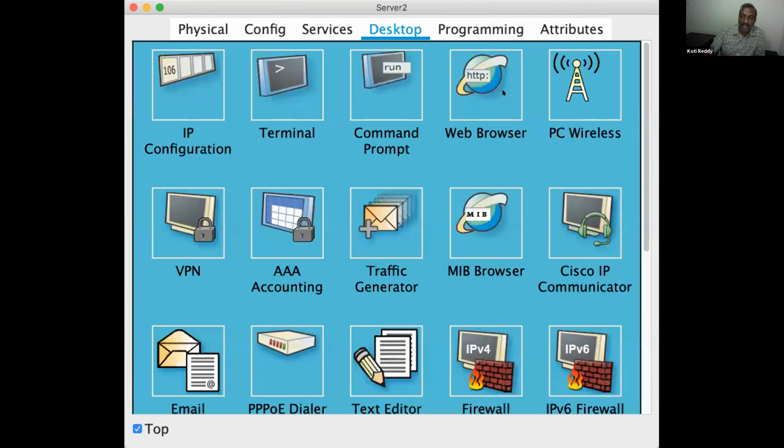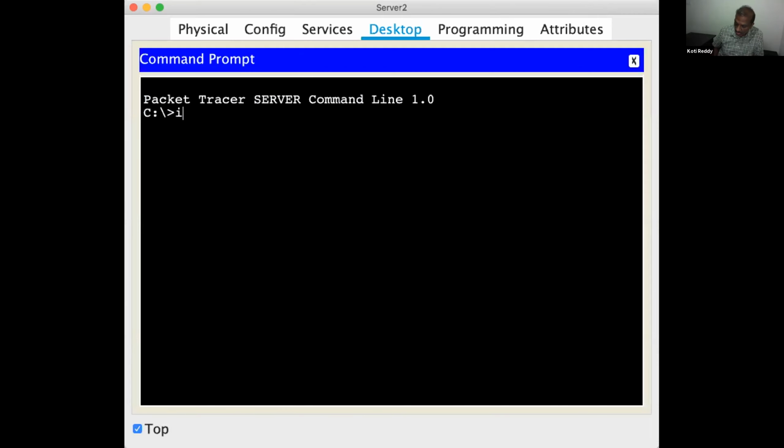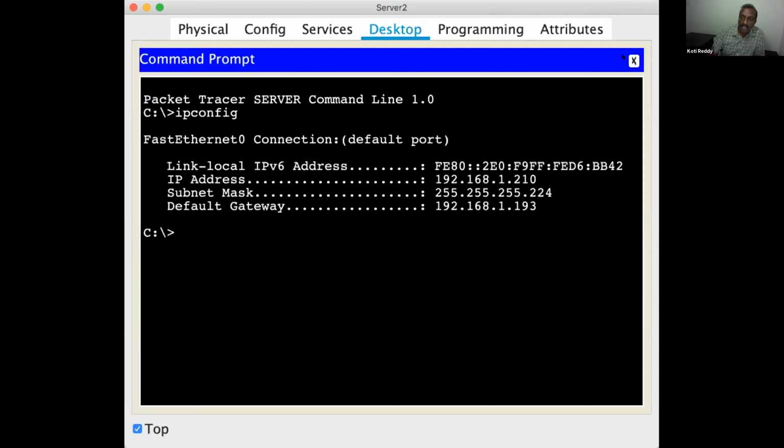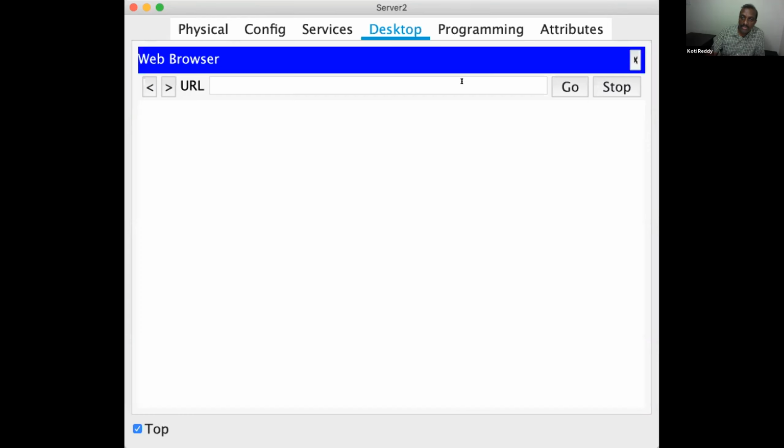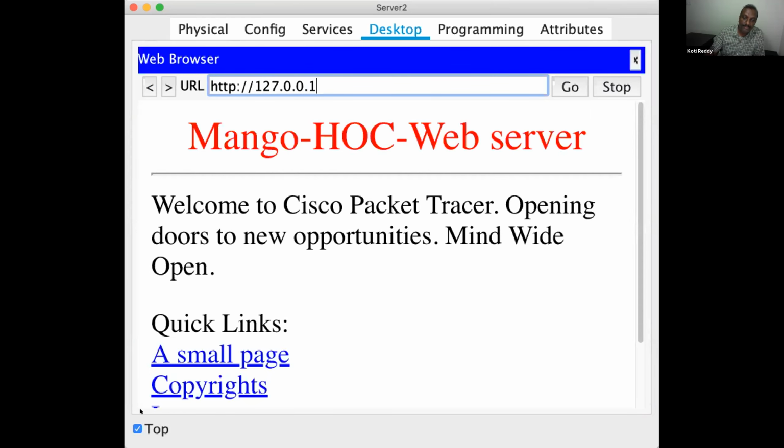Correct? If I go to the command prompt and run IP config, I can see the IP address given and the subnet mask. And if I go to the browser and enter 127.0.0.1, I can see the HOC web server.